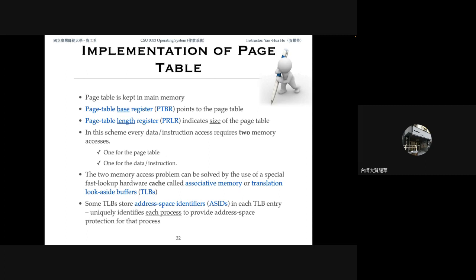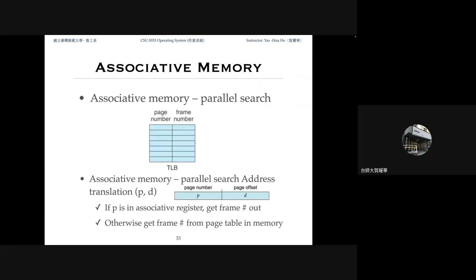In the buffer I store some of those addresses. Each buffer entry has a unique identifier for each process, to provide address space protection for that process. So you have an associative memory in which you can do a parallel search.